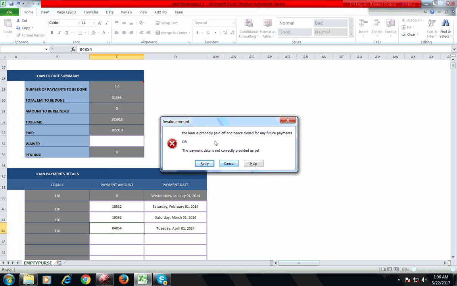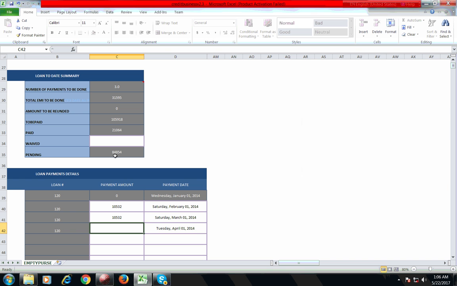Okay, what has happened? Loan is probably paid off. It is quite possible that the actual amount in decimal is a few cents less. So this must be 84853 something point some cents, and that's why it's not allowing you to pay more. So let's say 84853. You see $1 is pending because of the cents.